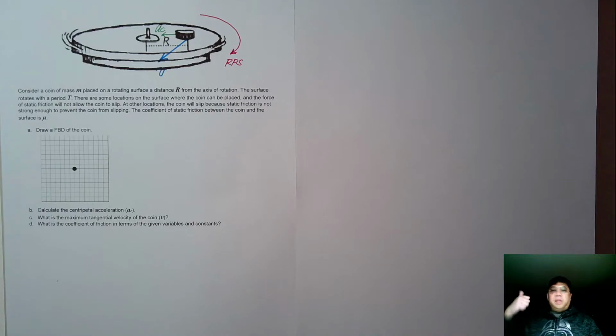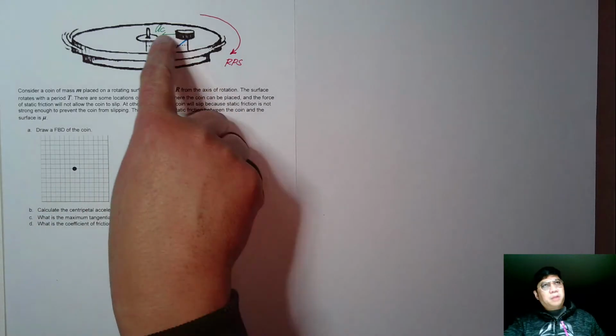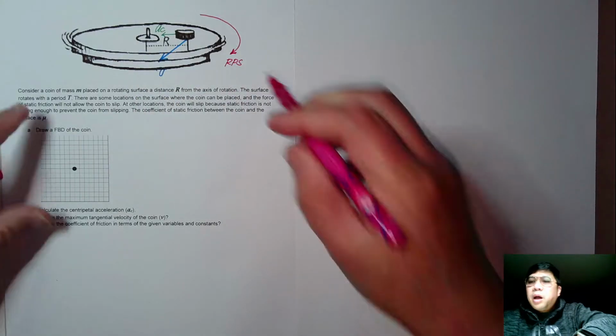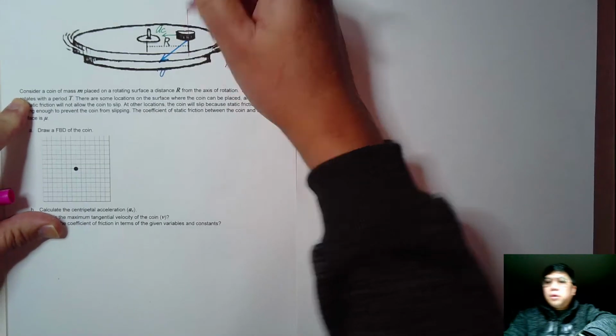So now, let's draw the forces acting on our coin. First, everything on Earth would experience what we call gravitational attraction. Before we draw it on our dot, let's analyze the actual figure, the diagram. I would have my x and y coordinates.